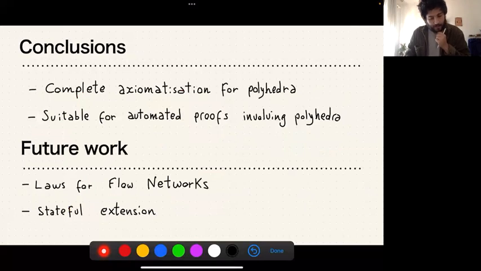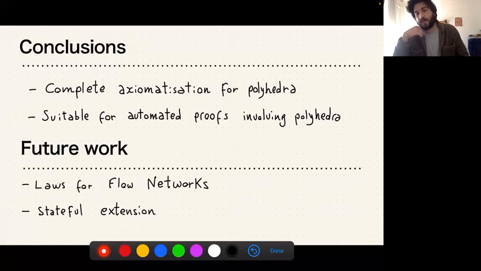So, to conclude, what I showed you is a complete axiomatization for polyhedra, a topic not usually explained in terms of an axiomatic theory. This makes us believe that our algebraic approach is suitable for automating proofs in theorem provers about theorems involving polyhedra, and there are many of them in the literature.